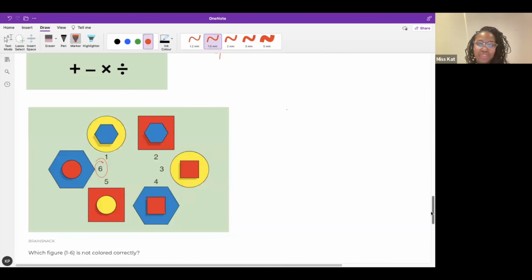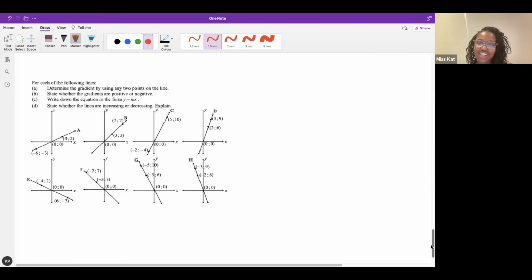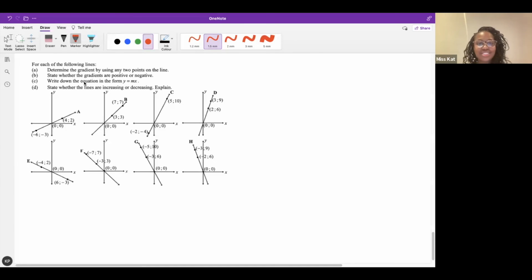Okay, so let's finish off strong. Let's try again. We have a bunch of graphs here, and I want us to speak about number E. First thing is first, before we even work out the gradient, is this an increasing or a decreasing graph?